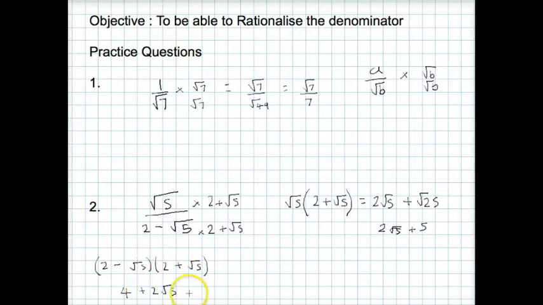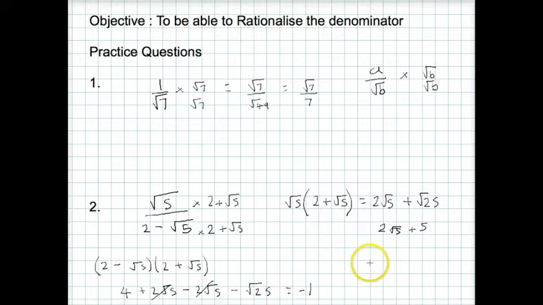But minus root 5 times 2 gives you minus 2 root 5. And then minus root 5 times root 5 gives you minus root 25. Well, you should be able to see that these two here are going to cancel out, and root 25 is 5. So we end up with 4 minus 5, which just gives us negative 1.